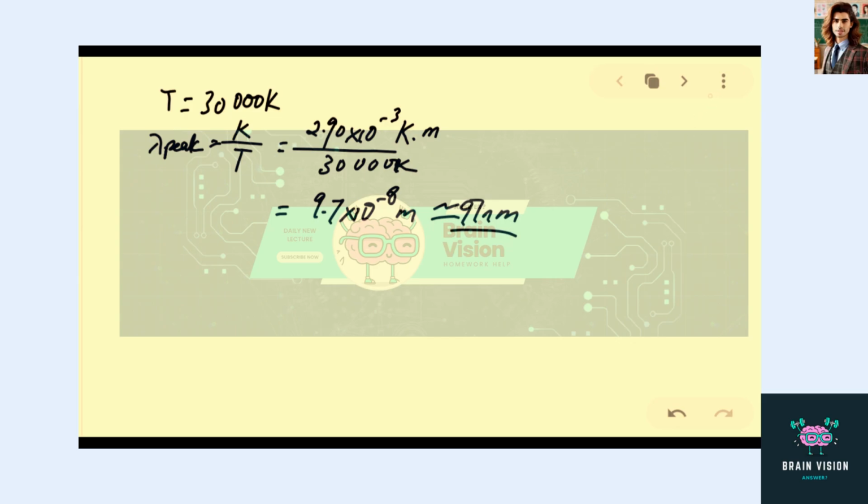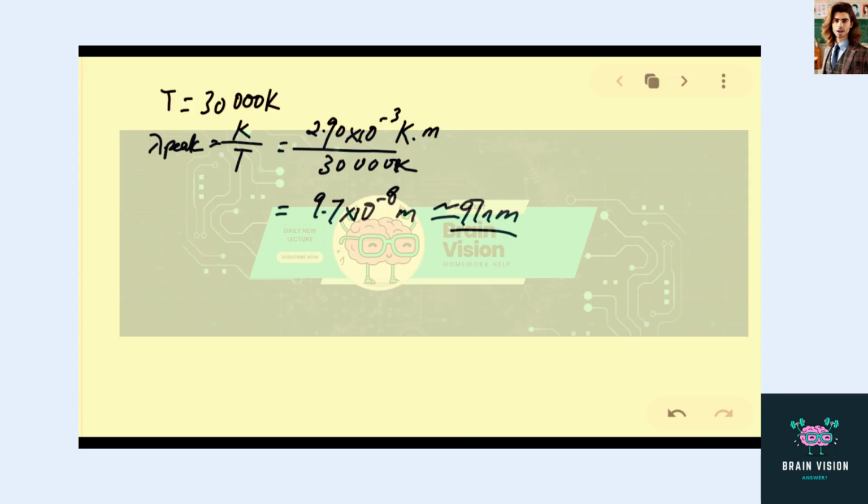Now we know that this is in the ultraviolet range, because it's smaller than 400 nanometers, which is the smallest wavelength of the visible range. So it's actually not in the visible spectrum.